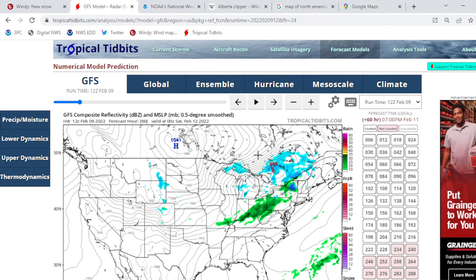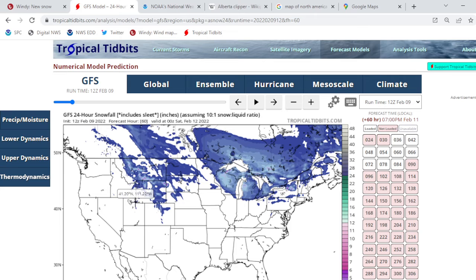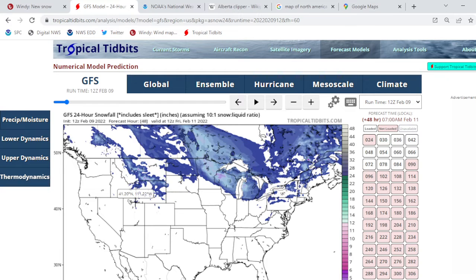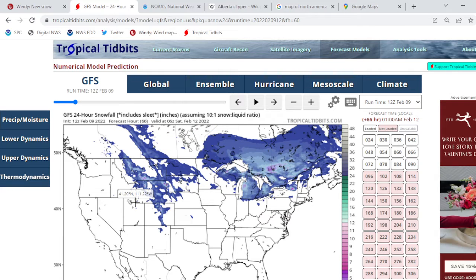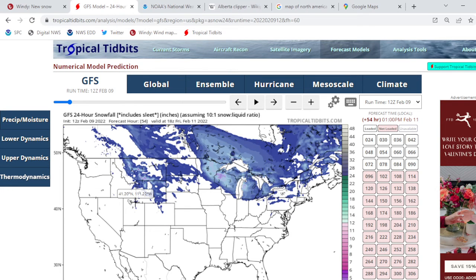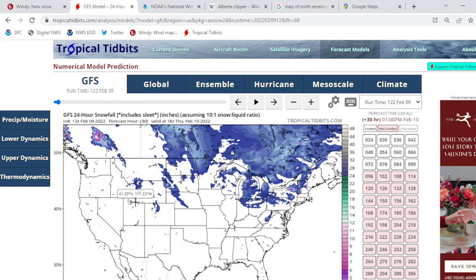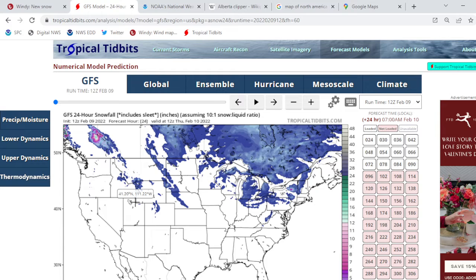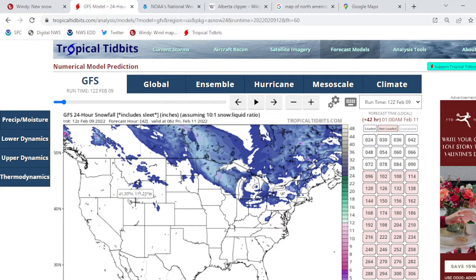So it's not going to bring a lot of snow. Like I said, it's a light snow event. So you can see here, two inches, 3 inches, 3 inches.